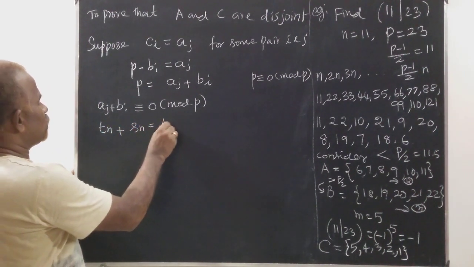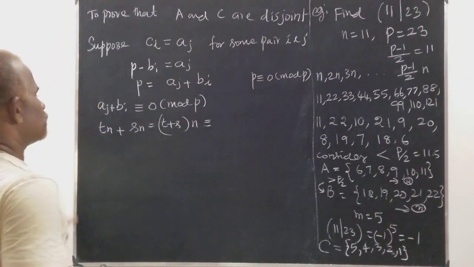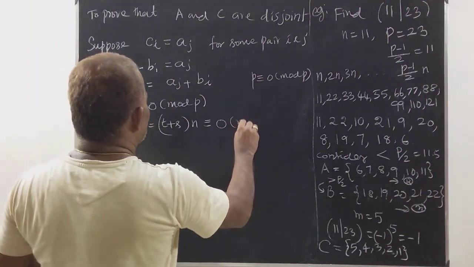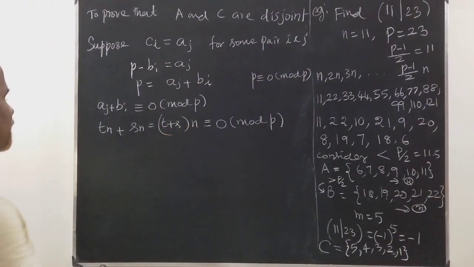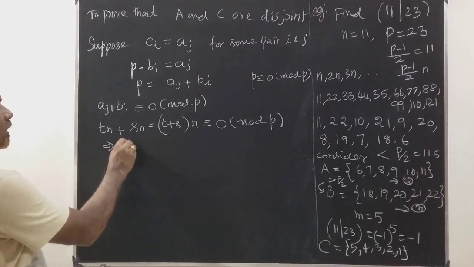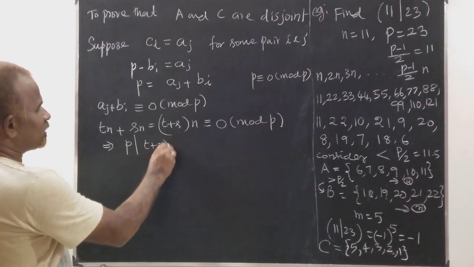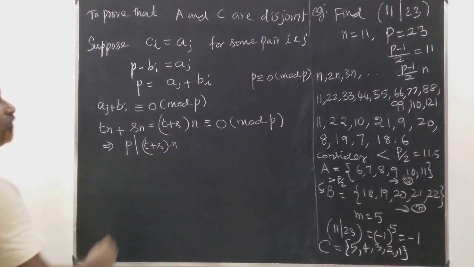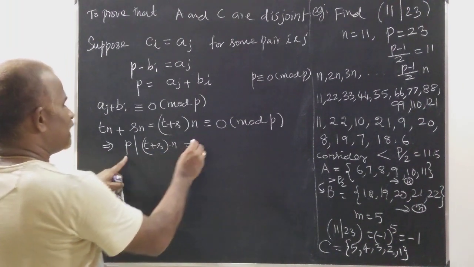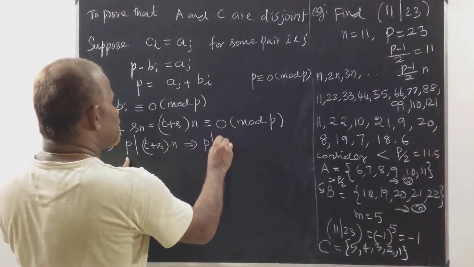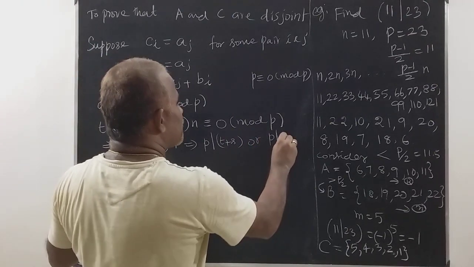So this is equal to T plus S into N. This is also congruent to 0 mod P. So this implies P divides T plus S into N. So therefore again this implies either P divides T plus S or P divides N.